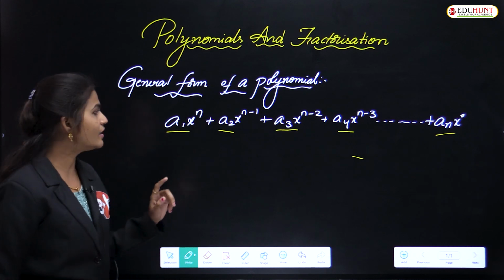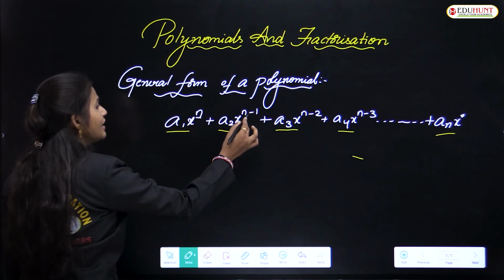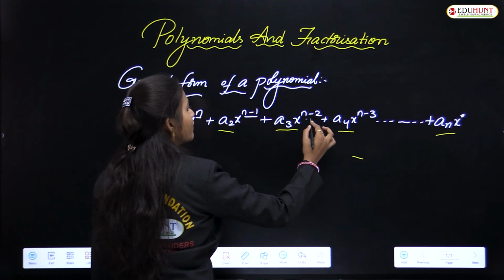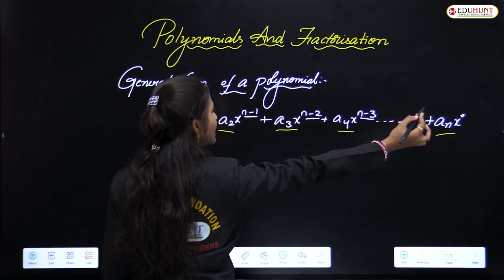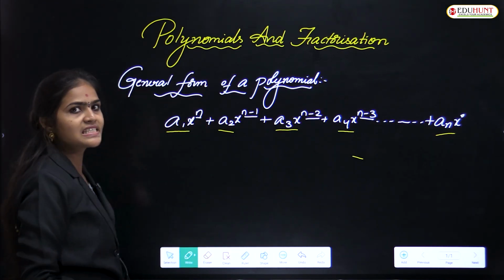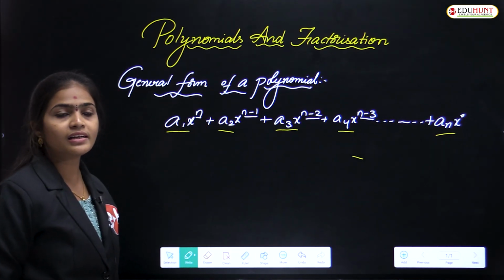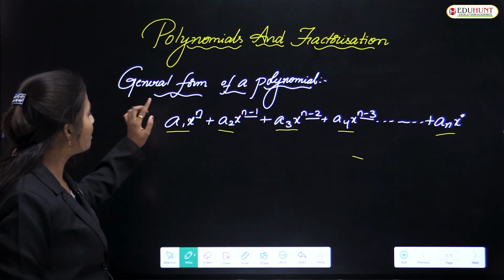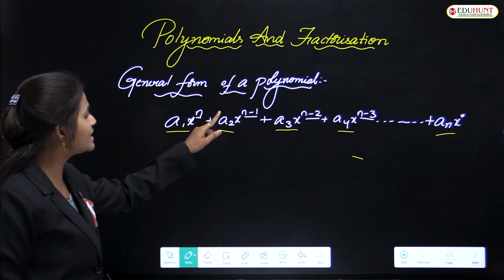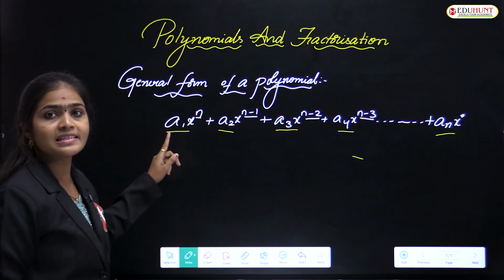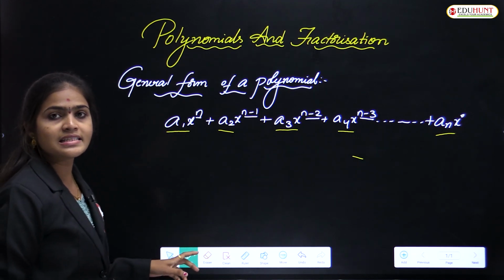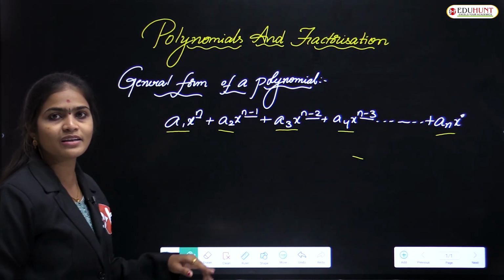Its powers are x power n minus 1, x power n minus 2, x power n minus 3 and so on up to x power 0. So the powers of that variable in each term of a polynomial are in descending order, which means a decreasing order.